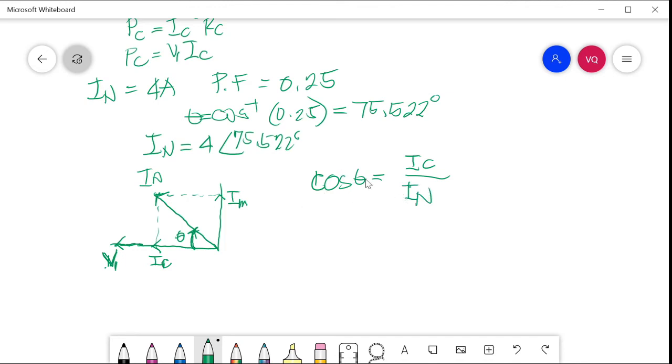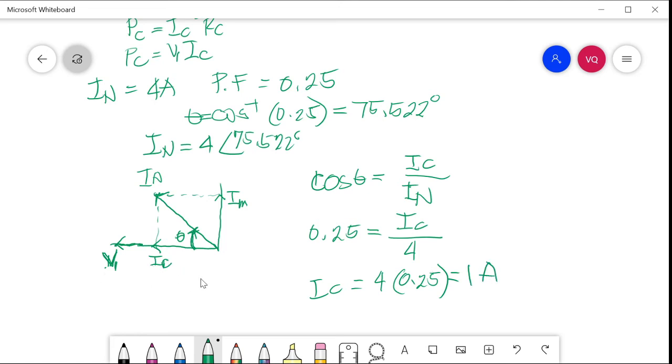So cosine theta again, eto ay 75.522. Again, cosine theta is 0.25, equal to IC unknown divided by 4. So IC is equal to 4 times 0.25 equal to 1 ampere. So 1 ampere yung IC.